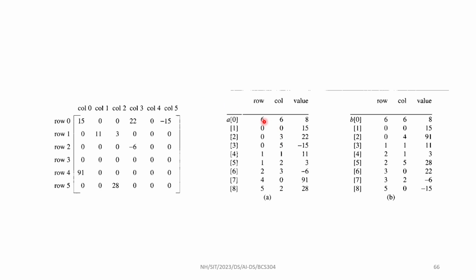For this, 6 is the number of rows, 6 is the number of columns, and 8 values. The value will be the same, but the row becomes column and the earlier column becomes row.